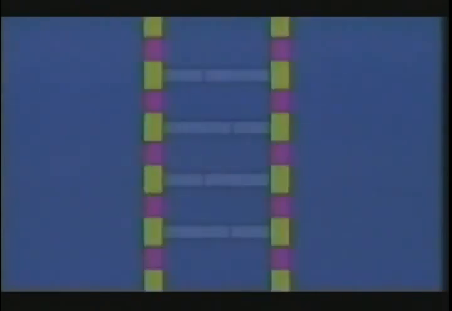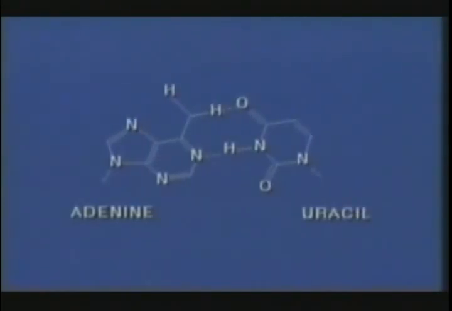As in the case of DNA replication, RNA synthesis begins with the unzipping and unwinding of the DNA double helix. But adenine does not bond with a free-floating thymine nucleotide. Uracil takes the place of thymine in bonding with adenine.